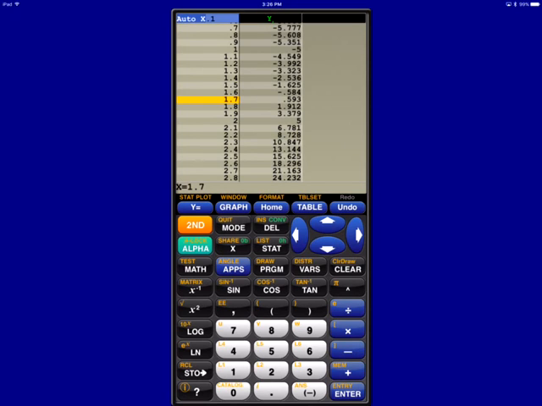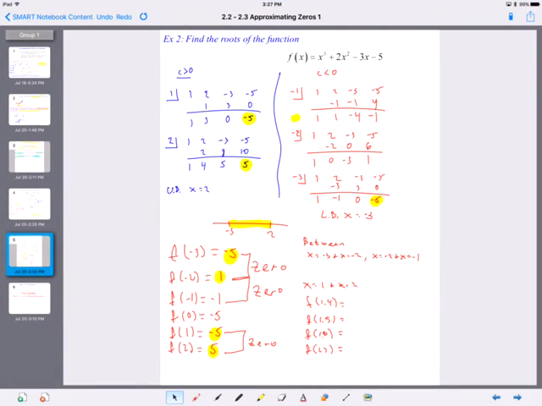So I'm going to write those two numbers down, 1.6 and 1.7. At 1.6, we had negative 0.584, and at 1.7, 0.593.